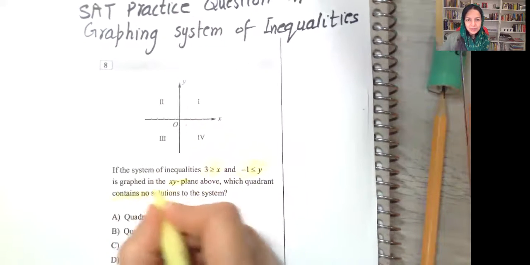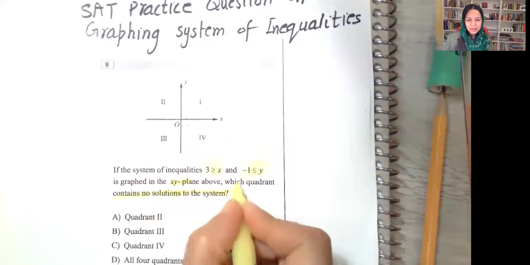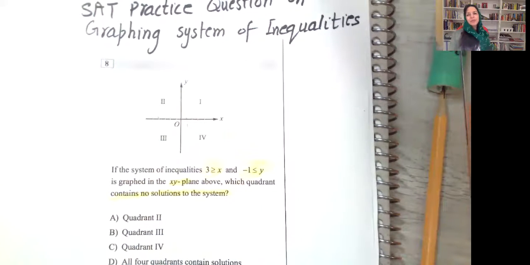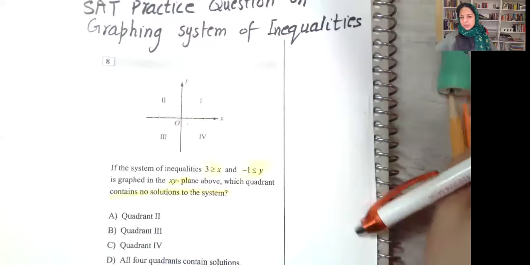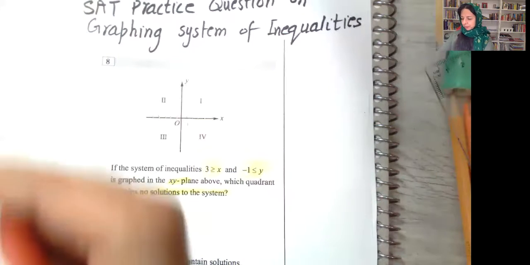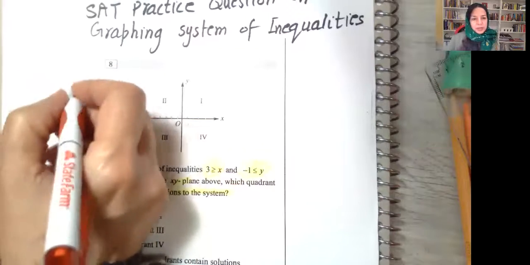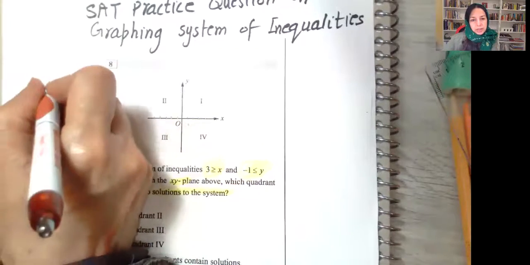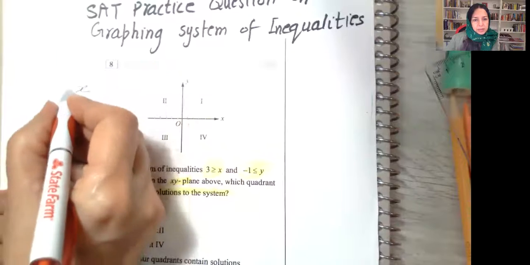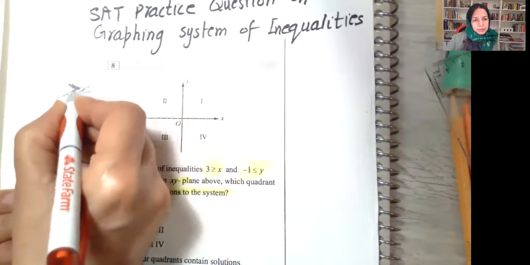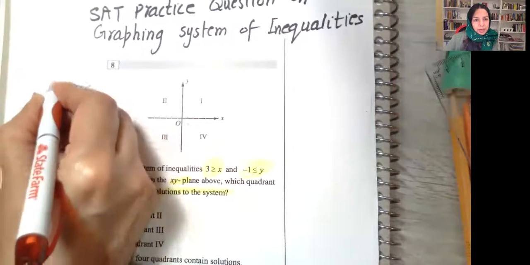So we are going to find which quadrant doesn't contain any solution, or what could be the possible answer looking at the bottom choices. Let's start with the first one. The given inequality is x is less than or equal to 3.